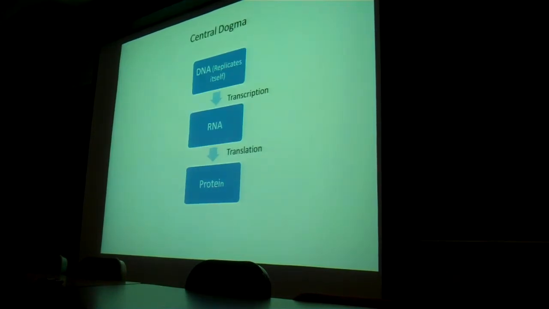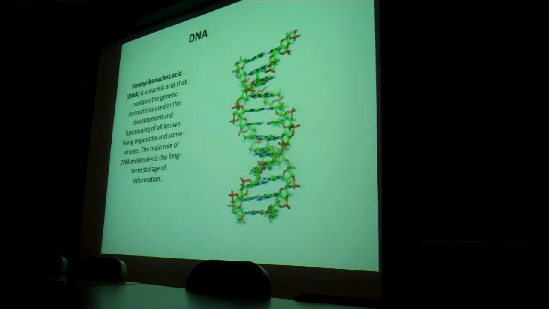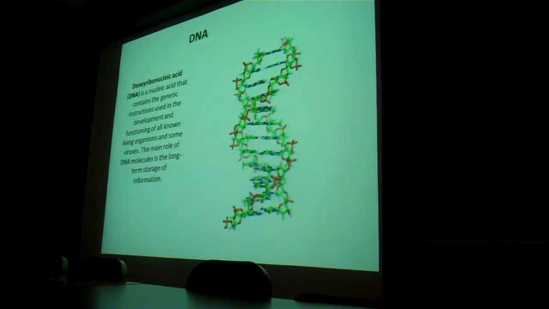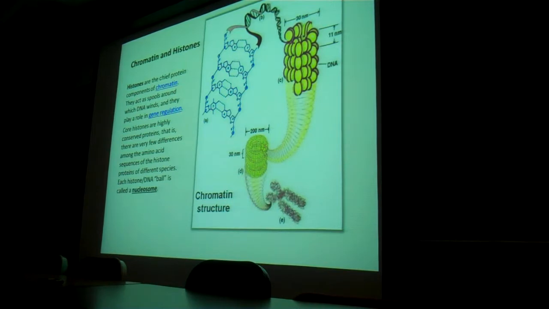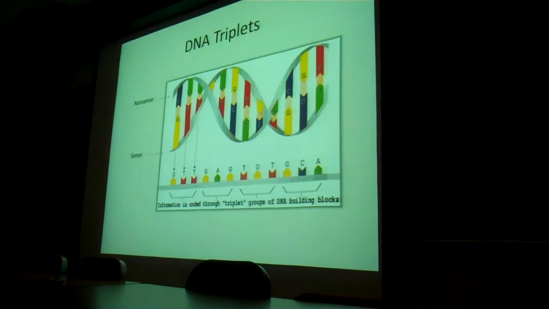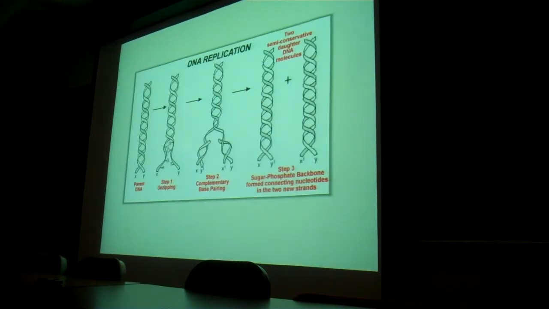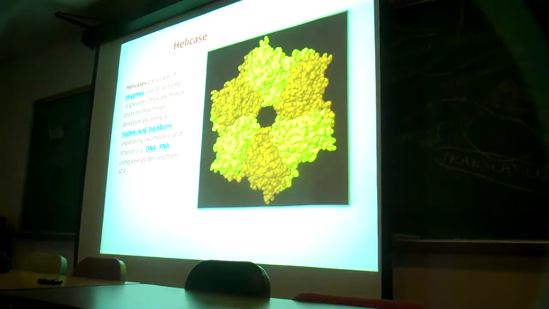And then we just went over this earlier. Let's see if there are other words I want you to know. We went over chromatin and histones and nucleosome. We went over triplets, what they are. We went over the term replication, and how it's made.